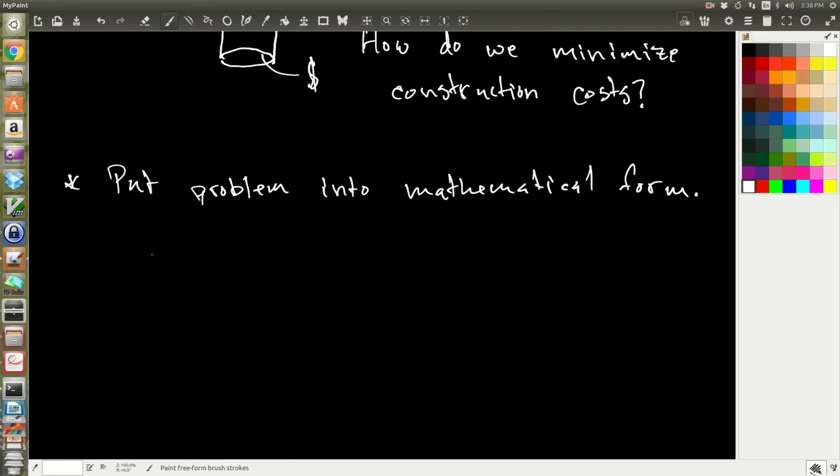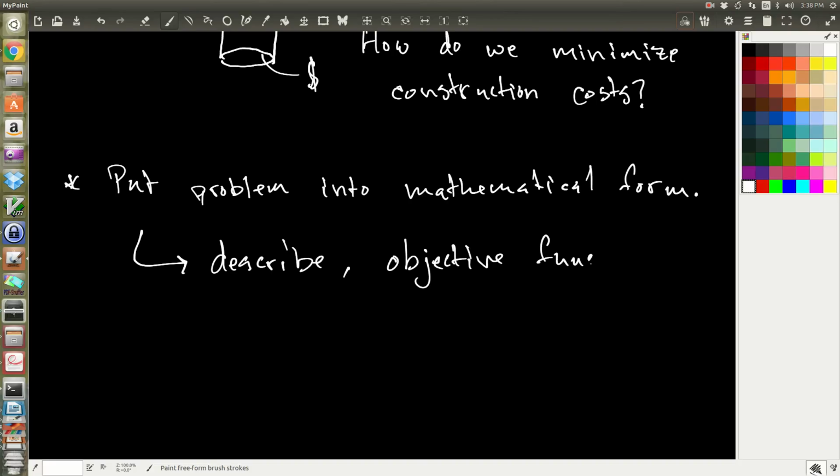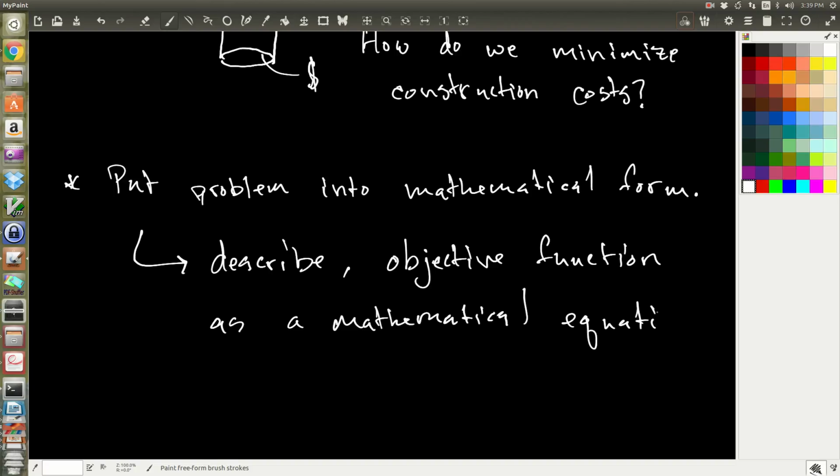So that means we need to describe some function, which we'll call the objective function, as a mathematical equation or function.